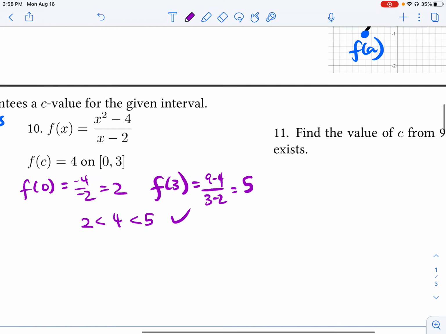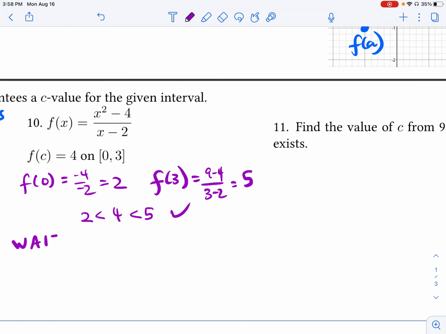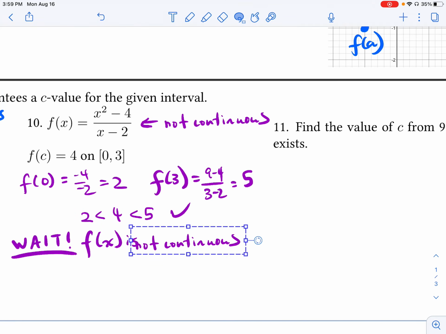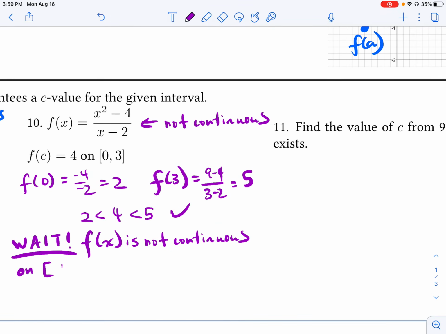But wait, this function is not continuous. In fact, you can say f of x is not continuous on 0 to 3, on this closed interval.